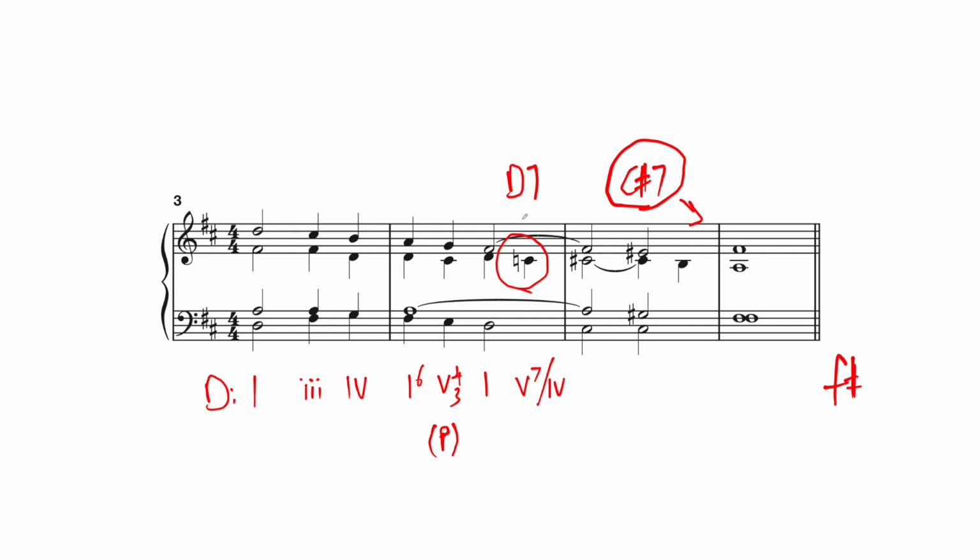If we reinterpret this chord as a German augmented sixth chord instead of C natural, if we take B sharp, then it will be German augmented sixth of F sharp minor.